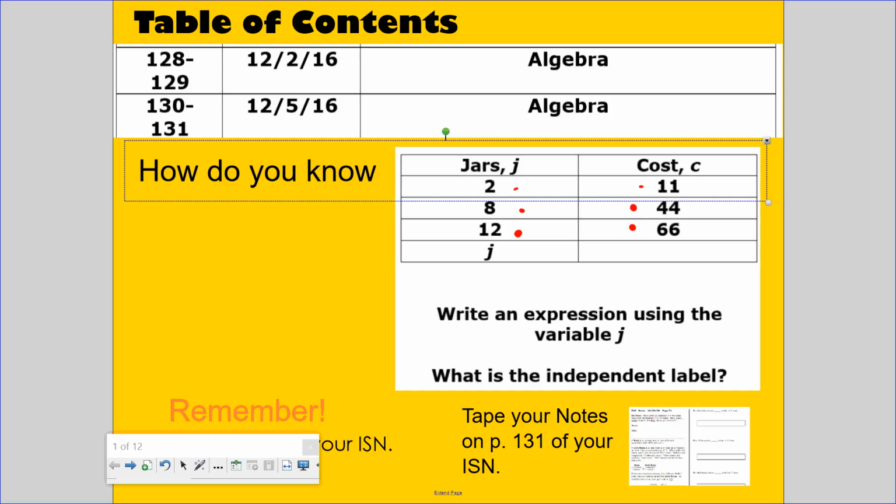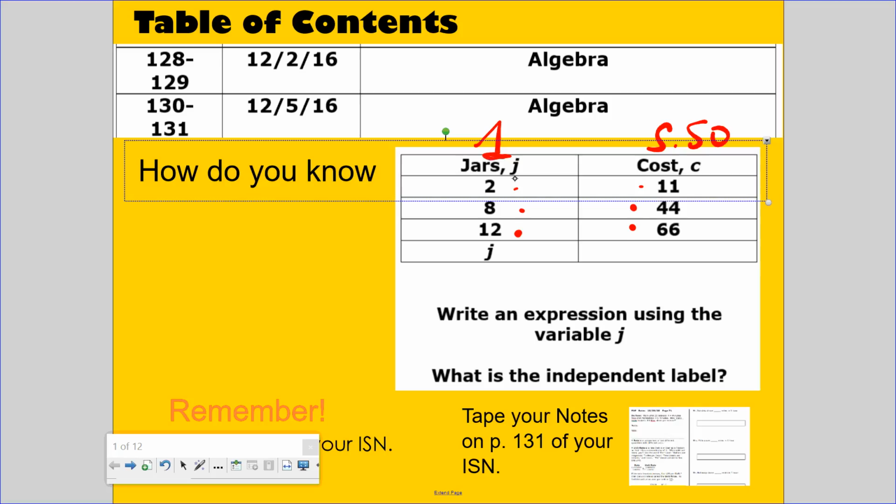So 2 jars cost $11. 8 jars cost $44. What if I buy 1 jar? How much would 1 jar cost me? If 2 cost $11, 1 jar would be $5.50. This is half of it.